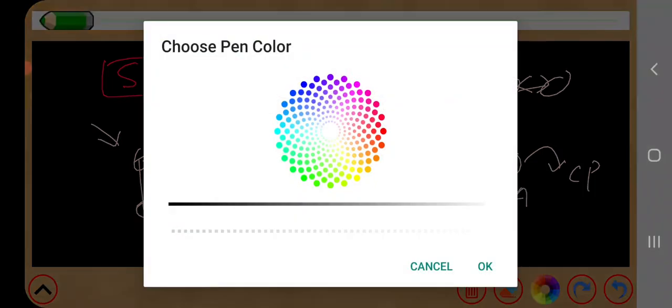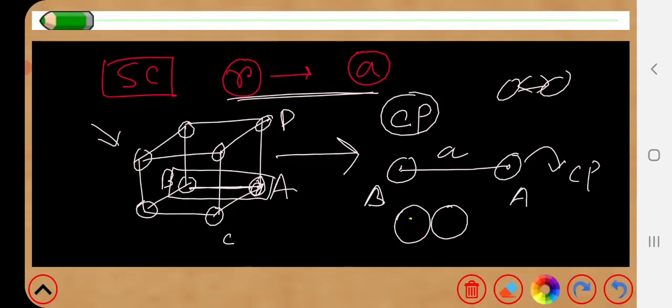Hence this distance must be A. And if we think the radius of one atom is R, the radius of another atom must also be R. So what is the distance from one center to another center in terms of radius?